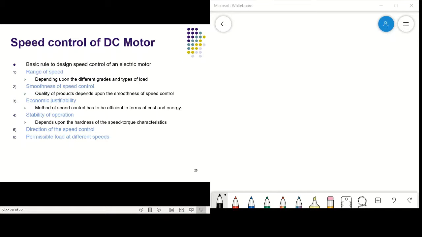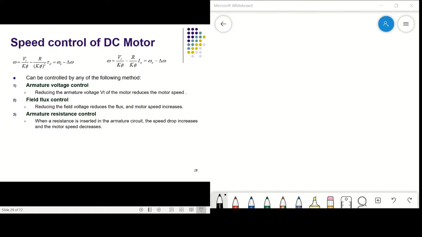So macam mana? Boleh forward, reverse, left, right. So depends on number of quadrant and then permissible load at different speeds. So yang keenam ni kita kena tahu load kita dulu. So load kita ni kita nak run in what speed?